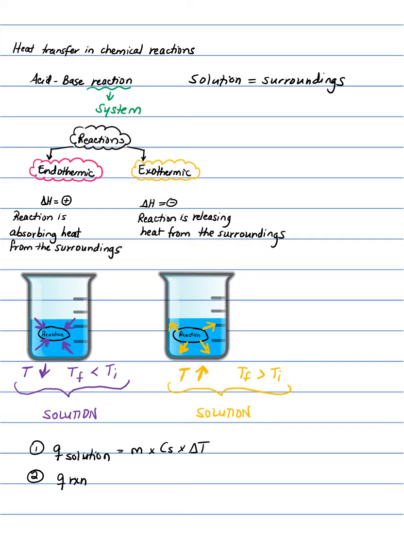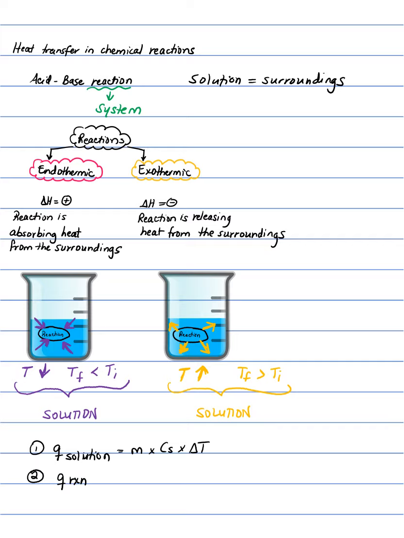Remember, if the heat is being transferred from one place to another, the amount of heat has to be the same, so what we use is just the opposite sign. If one of them is absorbing, the other one is releasing. So if your reaction is releasing heat, the solution is absorbing heat. Releasing will have a negative sign, absorbing will have a positive sign.